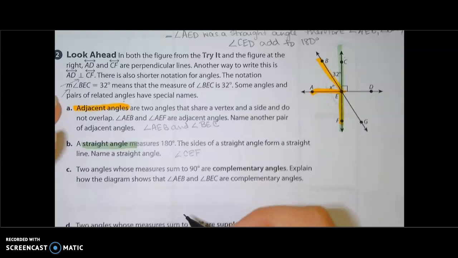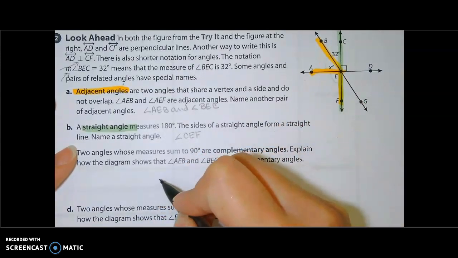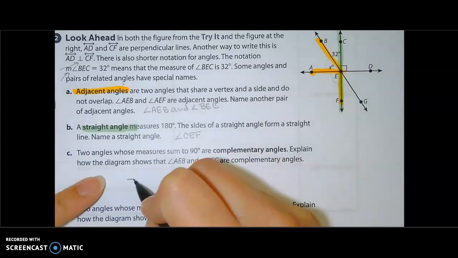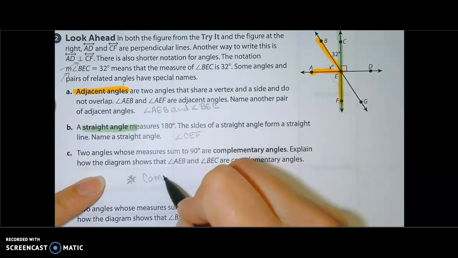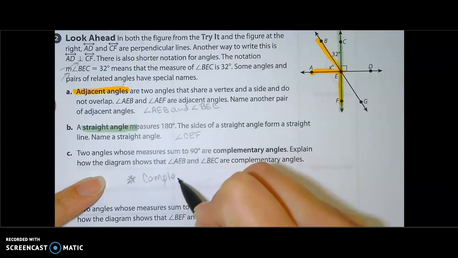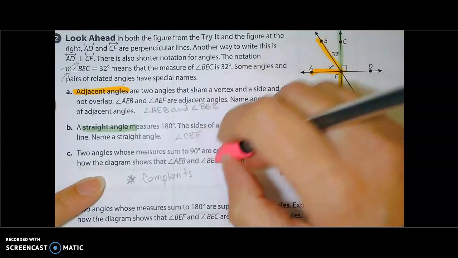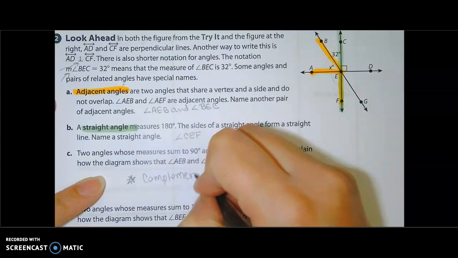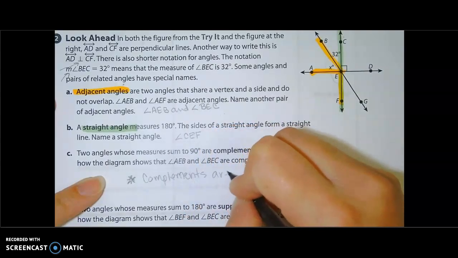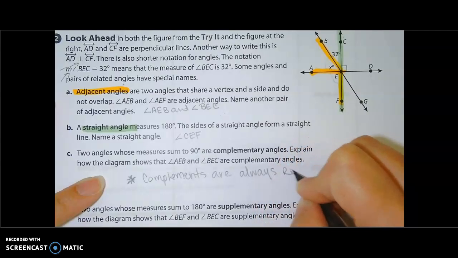But really what I told all of you to write today is that I'm not worried about you explaining, but since these are our notes, a way that we can remember complementary angles, right, is that complements, helps if I could spell today. Complements, there we go, are always right.